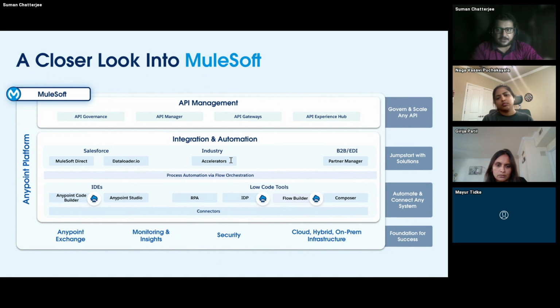Again, IDP is pretty new in the MuleSoft realm. Along with that, you have the pro code tooling solutions like your Anypoint Code Builder and the Anypoint Studio. The delivery also started to get accelerated when MuleSoft started offering industry specific accelerators, which were tailored for sectors like finance, healthcare, manufacturing, etc. Now, what this meant was the customers operating within these domains did not have to start from scratch.